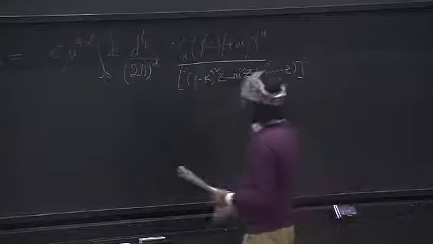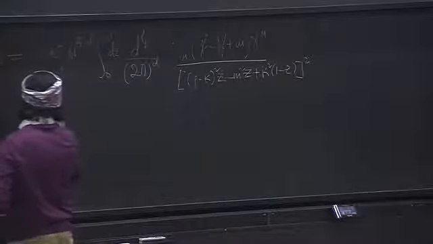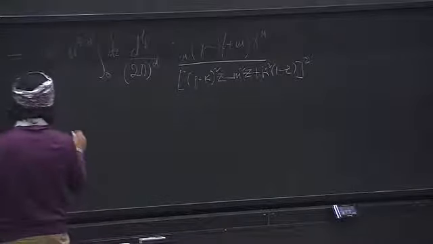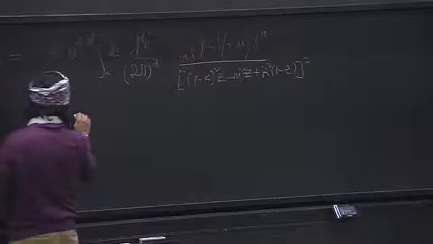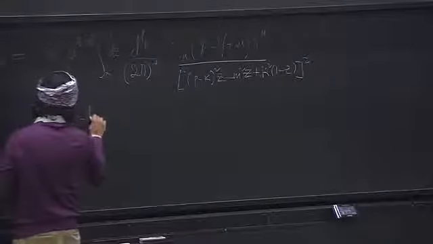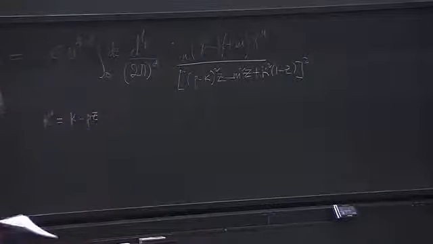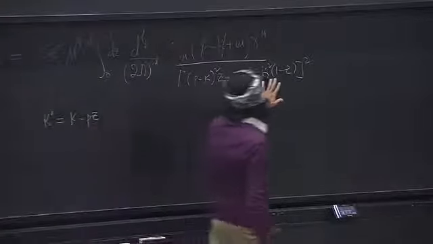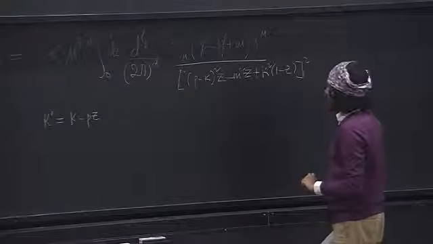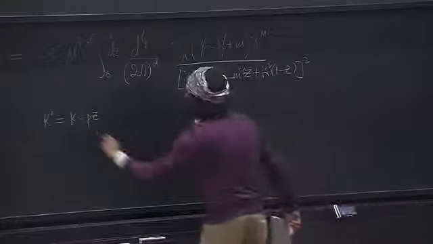But then we can introduce a new variable, which we call k prime, which allows us to complete the square and rewrite this integral such that the denominator only depends on k prime squared.